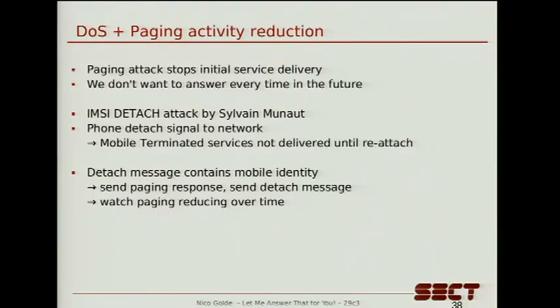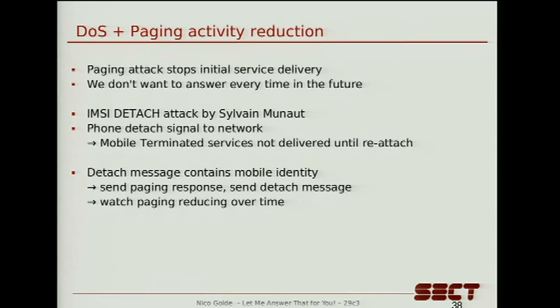The other thing that you may want to do if you attack a complete location area is you want to reduce the amount of paging over time, because otherwise you really have to take care about this huge amount all the time. And there's actually another attack which Sylvain Munaut introduced at DeepSec, I think, which is called the IMSI detach attack. So an IMSI detach is the notification from your phone to the network that you're not reachable anymore. So if I switch off my phone, it sends this message to the network, and the network will not page this phone anymore until you reattach and tell the network, here I am again.